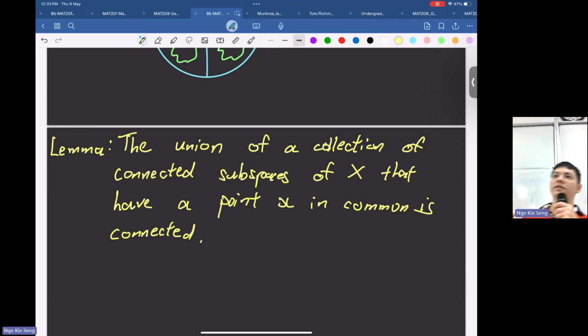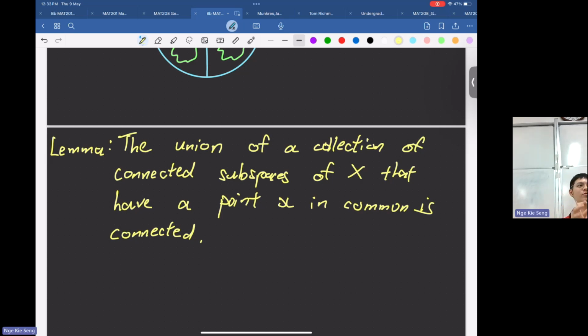Okay, everyone get the idea of this sentence here? So if I have connected subspaces of X, and their intersection is non-empty, there's one point inside there, then the whole thing is connected.